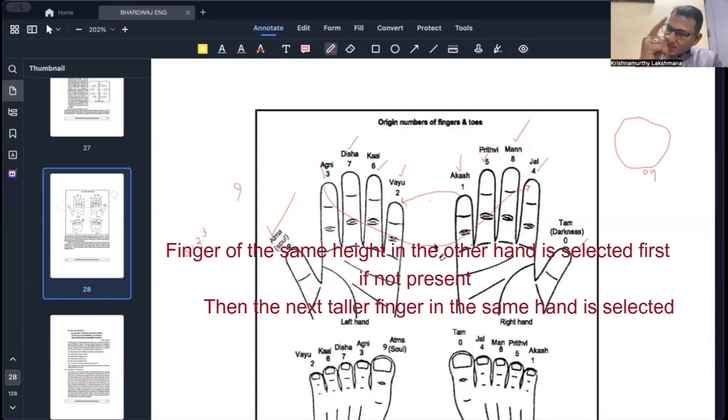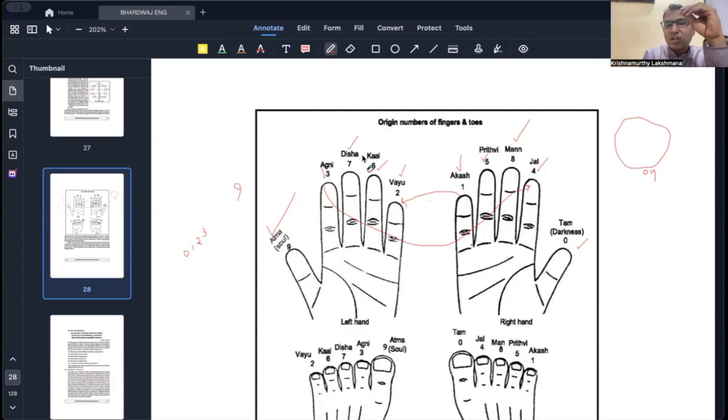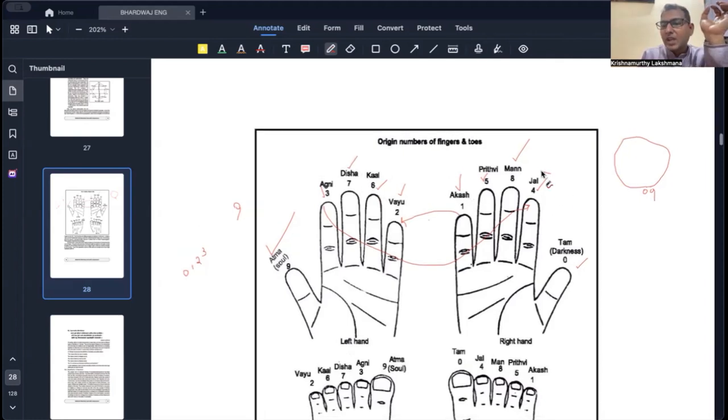So the logic is based on the height. That is how you will have to remember. Everybody okay with this? How is the plotting done? Yes, sir, now we understood. If I have to treat jal, then I will use this finger, the jal finger. And if I have to treat vayu, then I will use the left small finger.